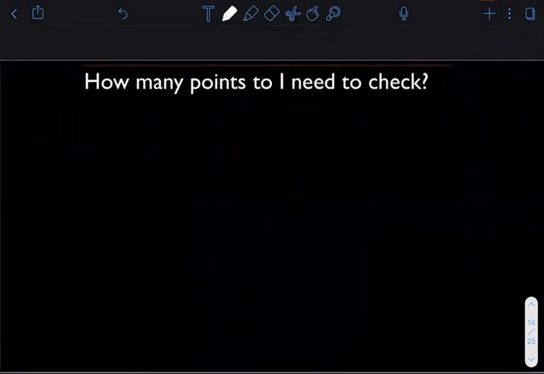So now that brings us to the question, let's think about it a bit more closely. If I look at a single point, I want to be able to say that I do not really need to check the distance between this point and too many other points.